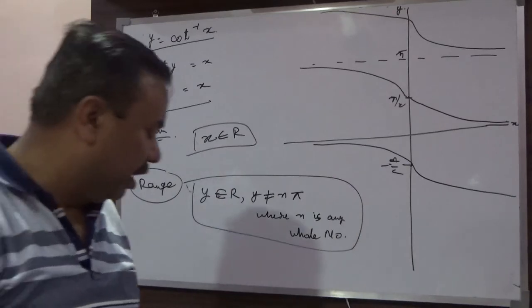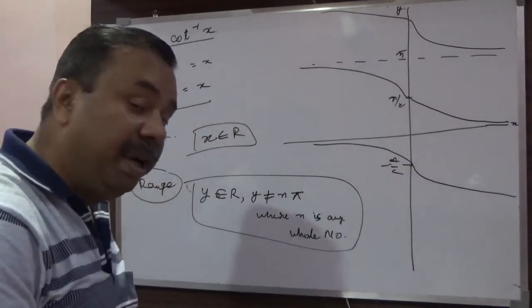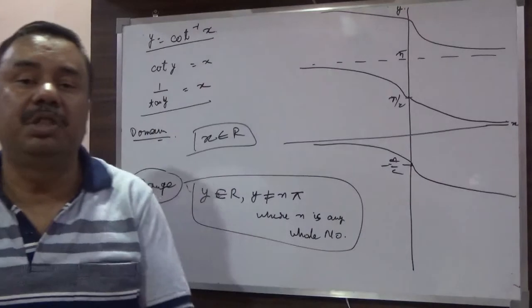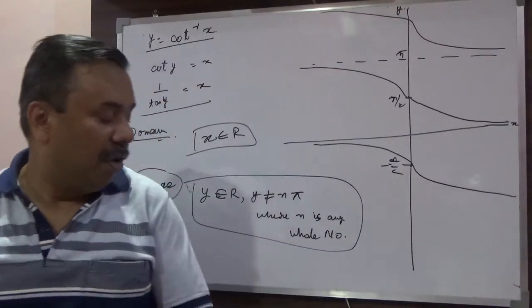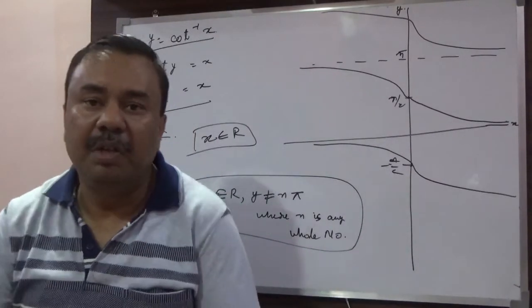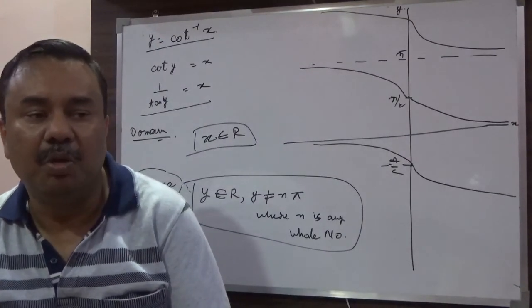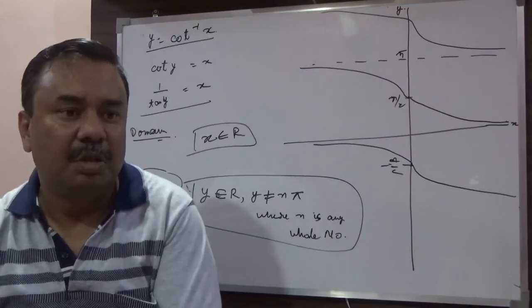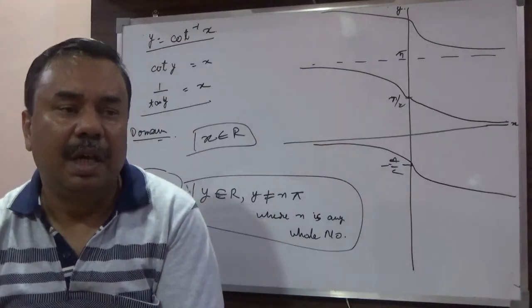Now what is remaining in this chapter? There are so many concepts which are remaining. I have already crossed more than 40 minutes on this, so I don't want to extend the video further. So I will take the other concepts.